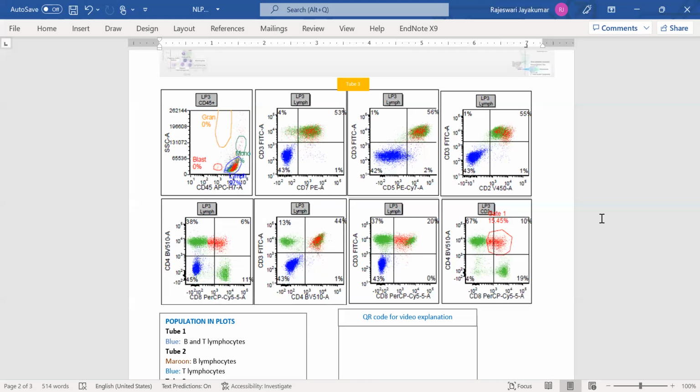Hodgkin lymphoma can have really high CD4:CD8 ratios, sometimes more than 15, or even more than 10 is high. And when you see a CD4/CD8 double positive population, you should think about nodular lymphocyte predominant Hodgkin lymphoma or PTGC. It doesn't have to be there, but it is definitely recommended to look for those conditions.